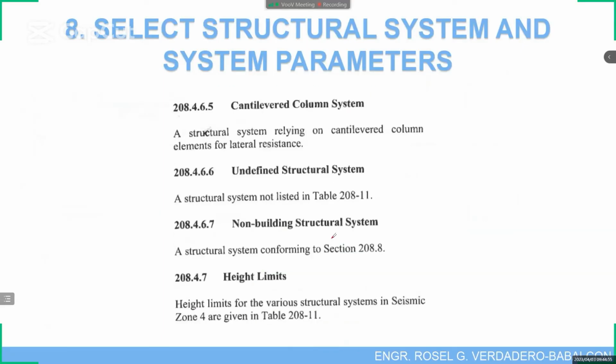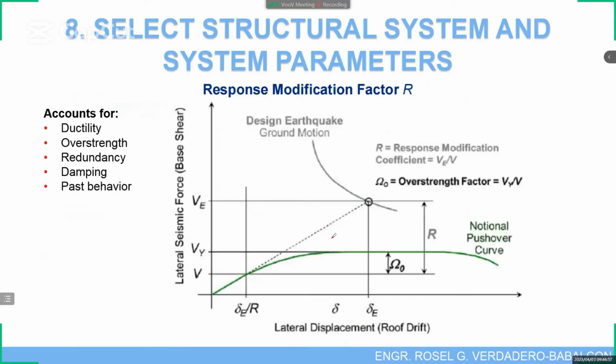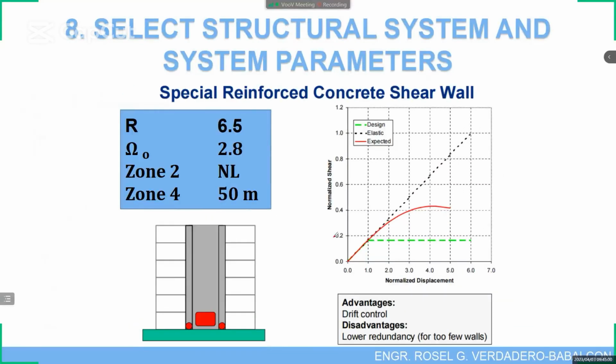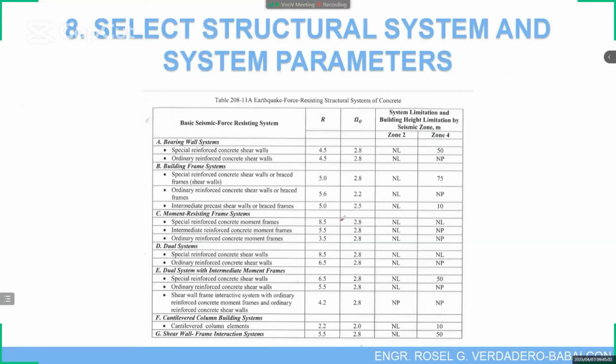Okay, so for height limits, in Table 208-11, here, this is the Table 208-11, or the earthquake force resisting structural system. In this table, we can find the corresponding R value, and the system limitation and building height in a specific seismic zone factor.